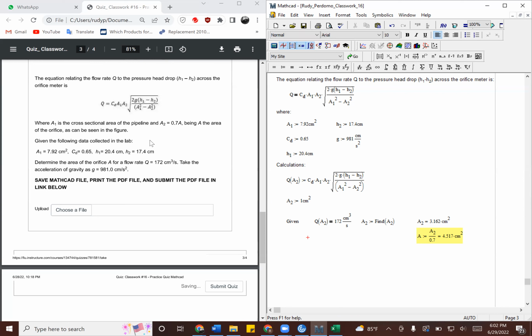It's asking us for A, and A.2 is equal to 0.7A, and in the equation it's A.2 here.